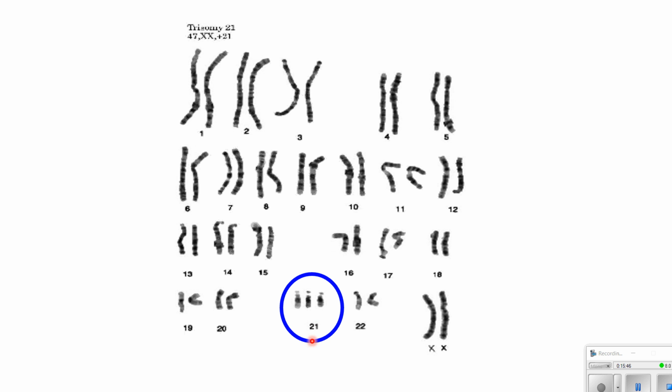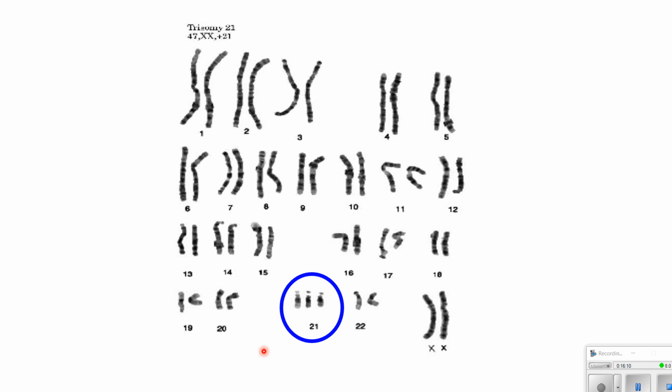This is what the karyotype would look like from a person with Down syndrome. Notice there's a total of 47 chromosomes, and that's because of this extra copy of chromosome 21. So this is a great example of aneuploidy in humans.